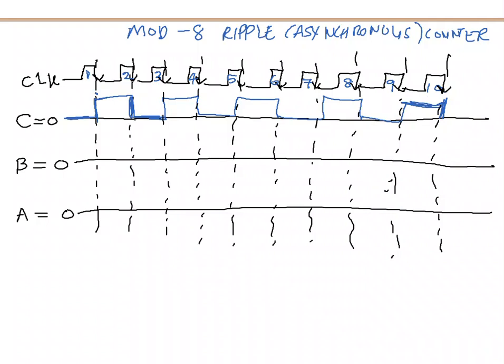Okay, next. Since C will be the input clock for B, you have to put arrow. This one also arrow. Okay, negative triggered.